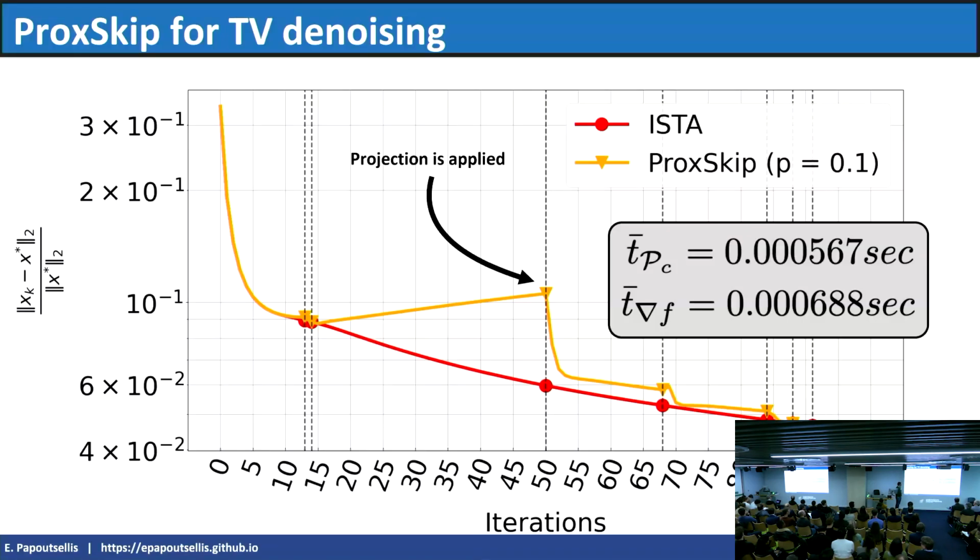But the moment we do the projection step, we correct and we try to match with the proximal gradient descent or ISTA. The important thing to note here is how much the projection step costs relative to the gradient step.